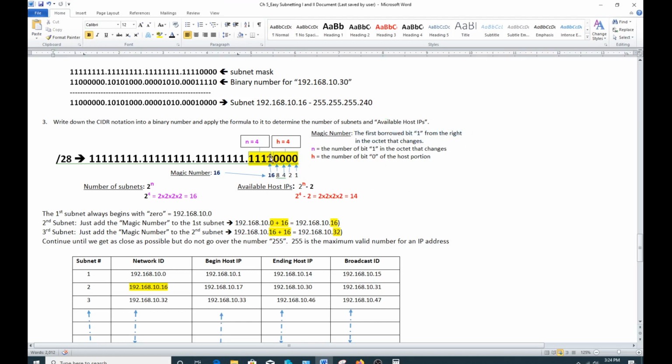These are the borrowed bits, 1, 1, 1, 1, because by default, for class C, all of these are 0. So the magic number is the place value of the first 1 bit in the octet that's changing, from the right to the left. So the place value of that is 16.